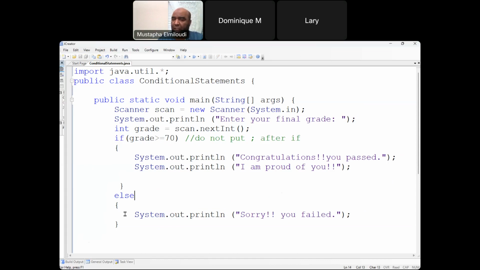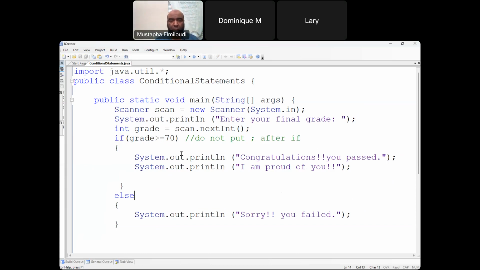Now I'm gonna add one more thing. Let's say people who got A, like 90 and above, the teacher or the instructor wants to give them a special reward. So that means you are already passing, but I want a special reward only for A people.